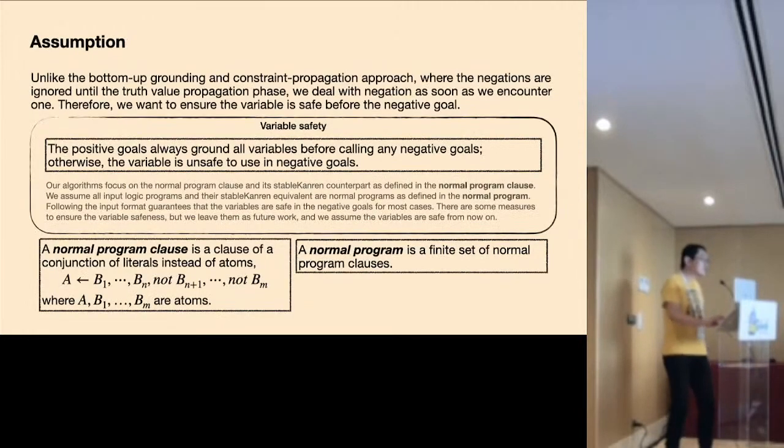All right, this is the variable safety we talked about. We need to make sure that every time before we call in the negation, all the variables are assigned, or grounded, we can say. One way to do that is during compilation time, we can do some rule rewriting to make sure all the positive goals come before the negative goals.